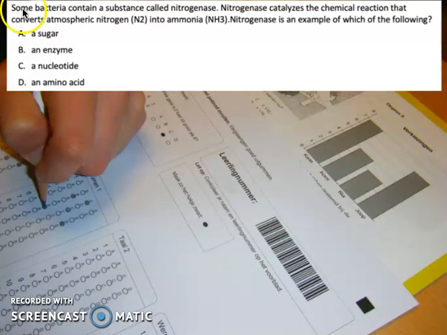This example says, some bacteria contain a substance called nitrogenase. Nitrogenase catalyzes the chemical reaction that converts atmospheric nitrogen, N2, into ammonia, NH3. Nitrogenase is an example of which of the following types of molecules?